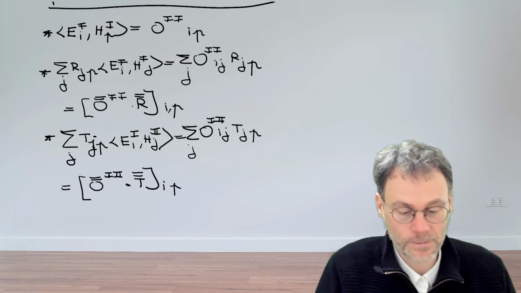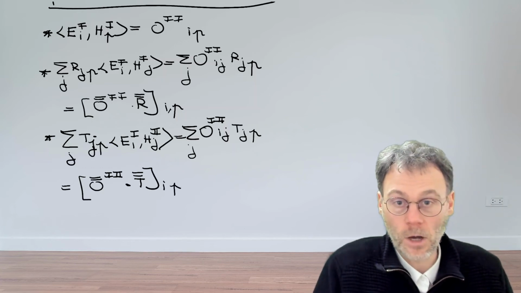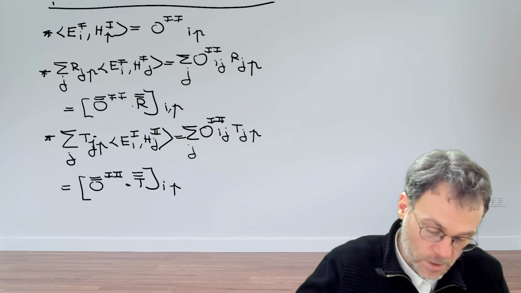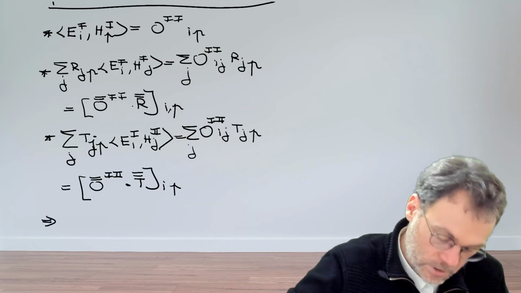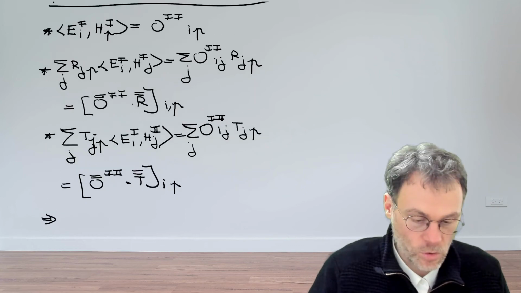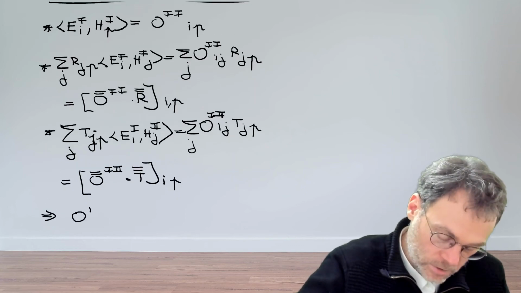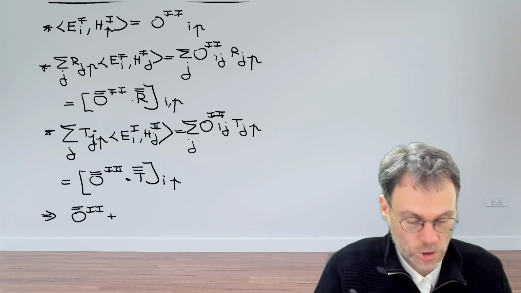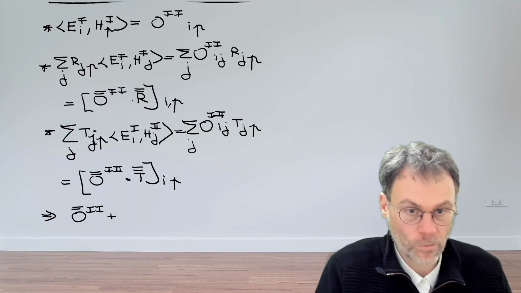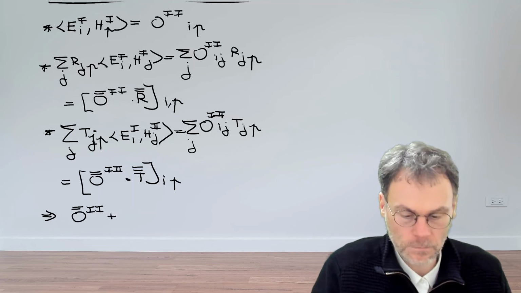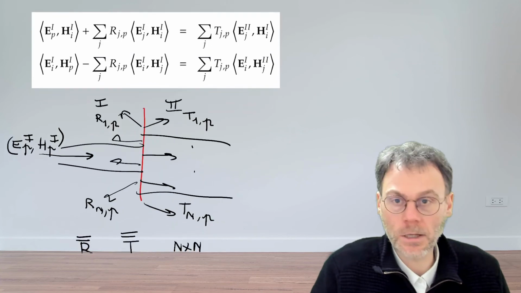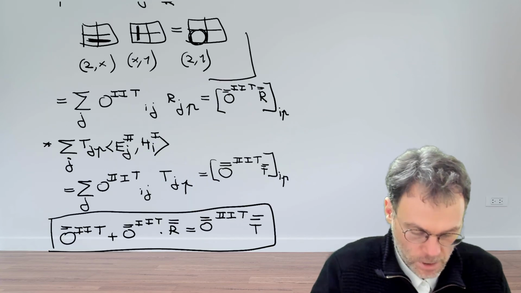The ipth element. So again, now it's just a matter, since all of the ipth elements of these matrices are the same, we can just conclude that the matrices themselves are the same. So we have that the overlap matrix 1,1 plus, let's have a look. It's a minus sign indeed, so we have a minus rather.